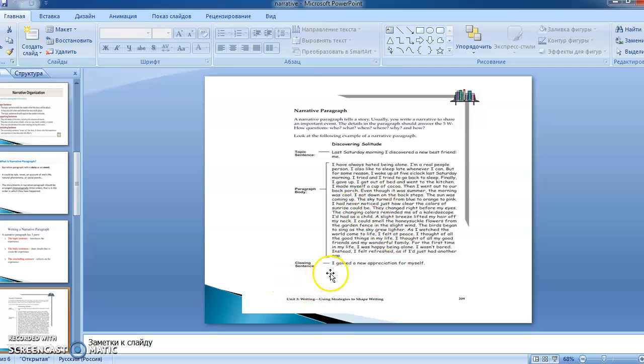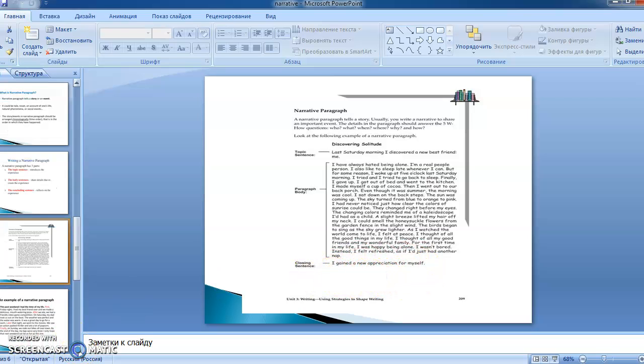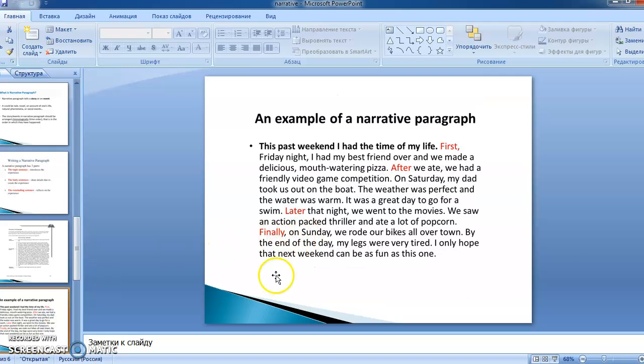And then there is the concluding part: I gained a new appreciation for myself. This is the result, the concluding idea of the story. So this is also a helpful point for writing a narrative paragraph. This is an example of a narrative paragraph.